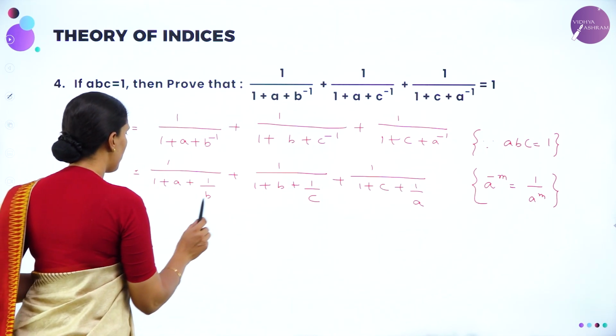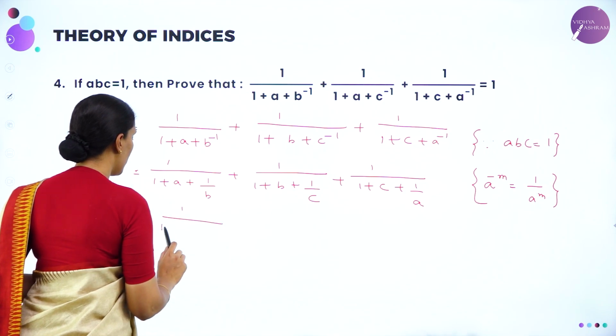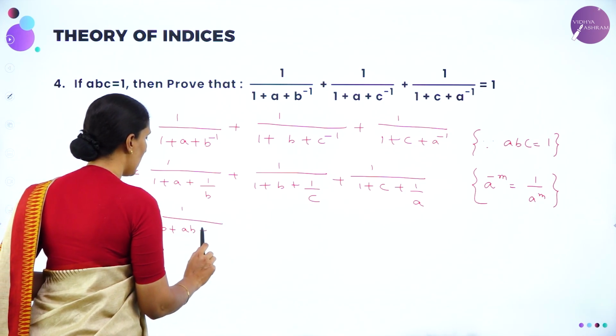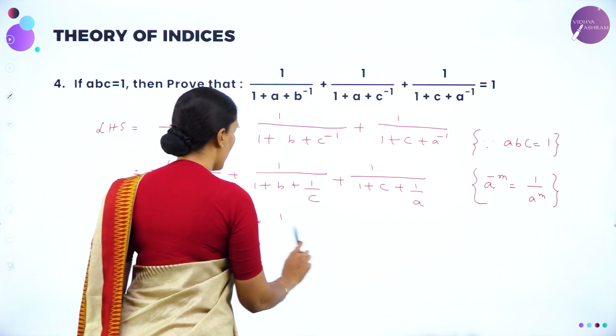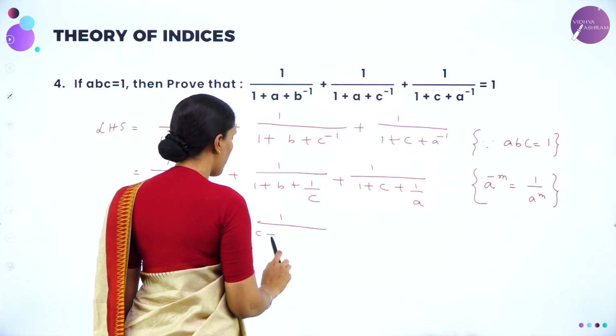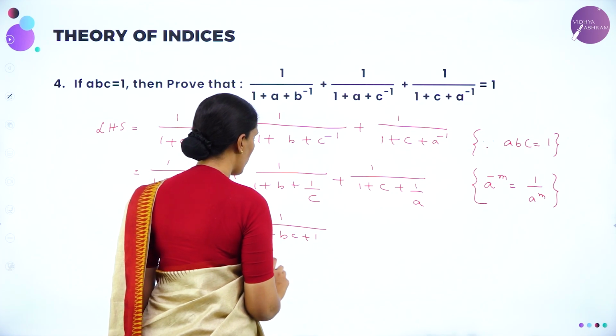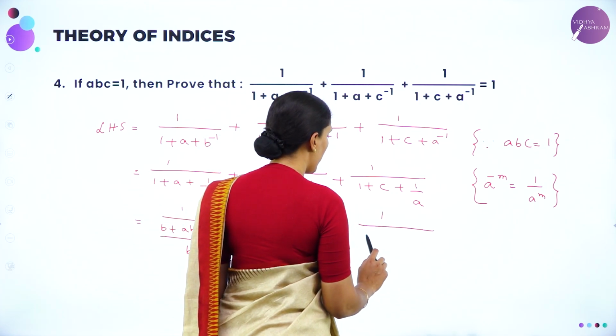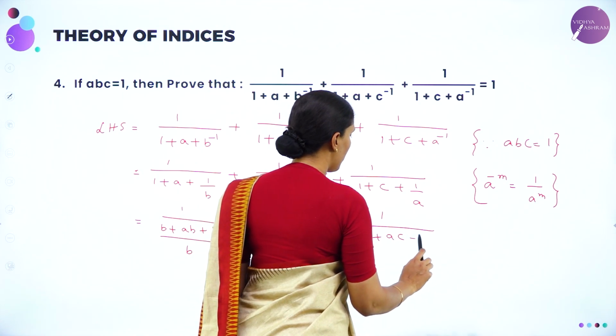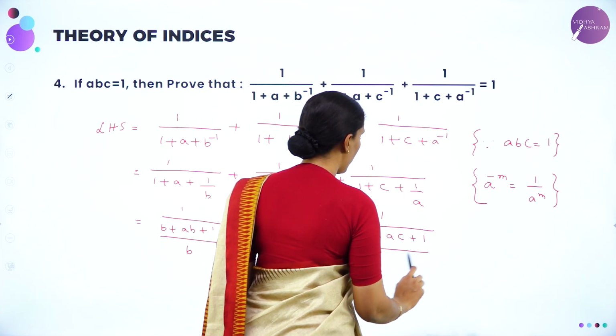Now here I'll multiply by b: 1 divided by b plus ab plus 1 whole divided by b. And here we have c plus bc plus 1 whole divided by c. And here we have 1 by a plus ac plus 1 whole divided by a.